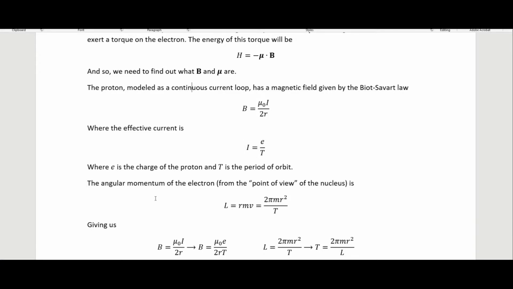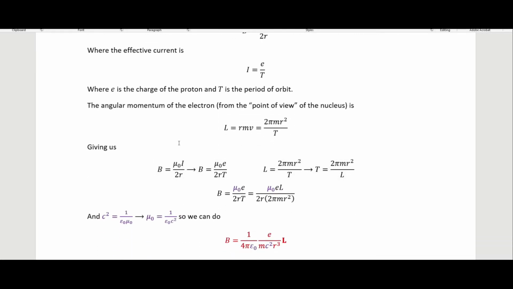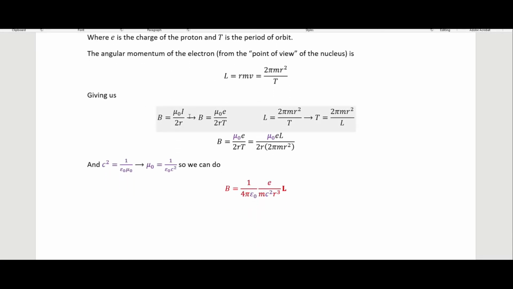The angular momentum of the electron from the point of view of the nucleus is L equals 2 pi m r squared over T. If we do some rearranging, we have our magnetic field here, and we put in the e over T for the current.